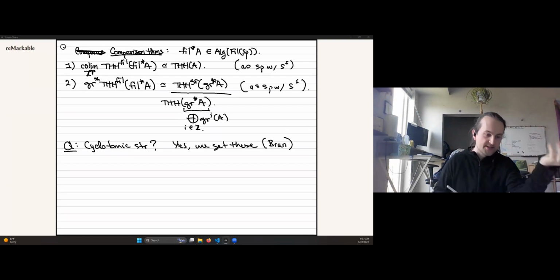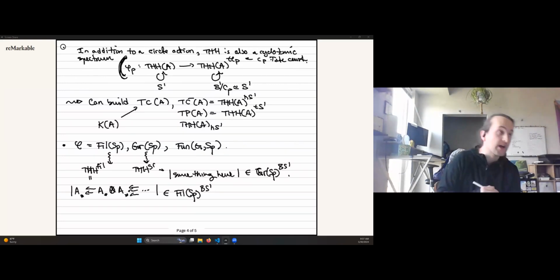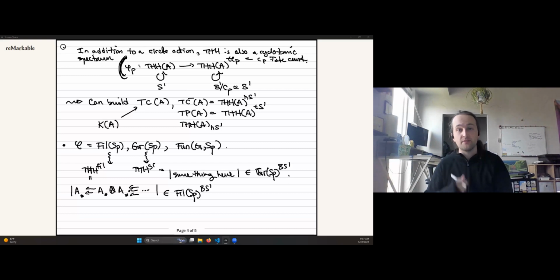So let's think really quickly, the maps that we wrote down involving the cyclotomic structure up here, one way you can think about these things is as certain Frobenius maps. And what we know is that when we take a filtered or a graded F_p algebra, the Frobenius map will always multiply the degree of an n homogeneous term by p.